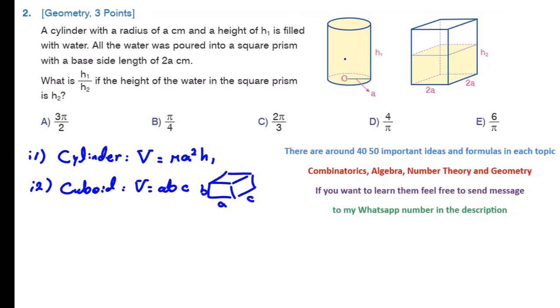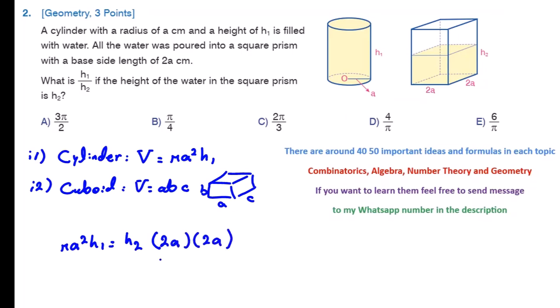Now, because they are equal, for example the volume of water here and here are equal. So on the left side, it is pi a squared h1. On the right side, it is h2 times 2a times 2a.